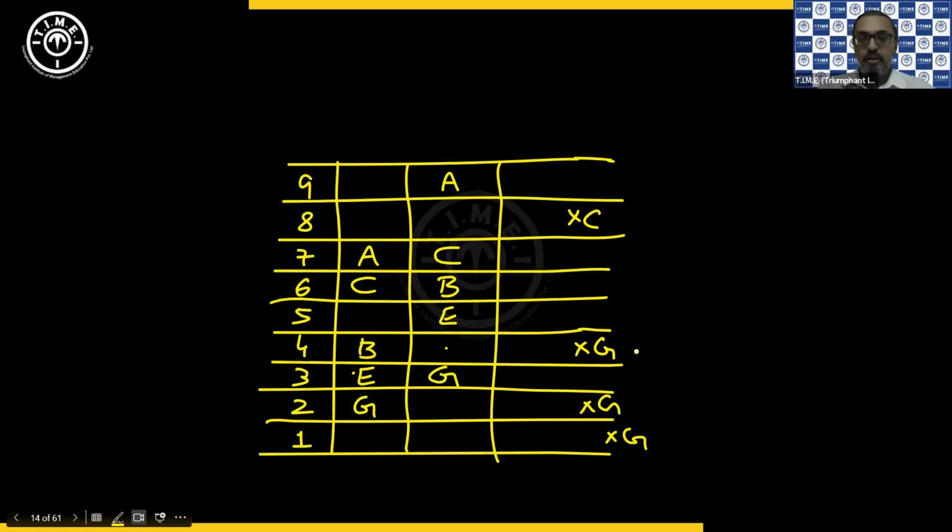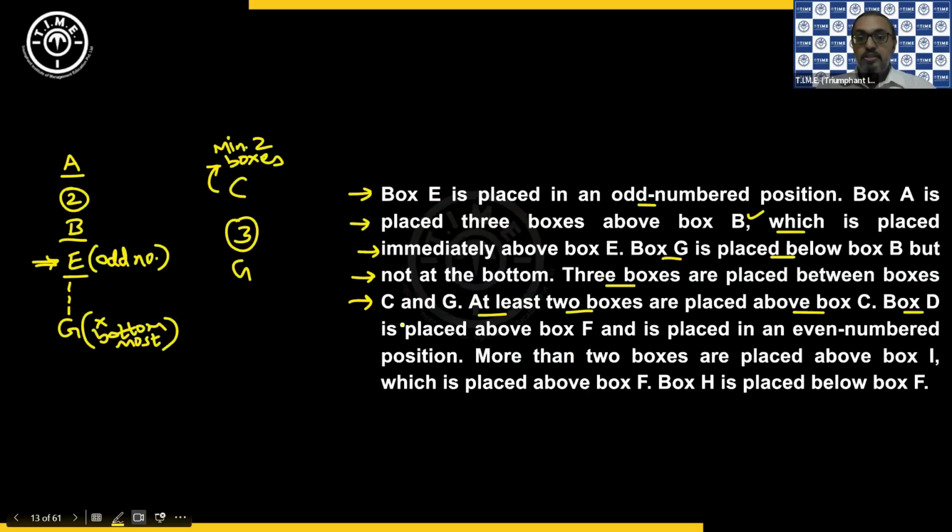Okay. Further, he says box D is placed above F and is placed in an even numbered position. So we have D above F, and he says "and", which refers to the first box, that is D. So D has to be placed in an even numbered position.